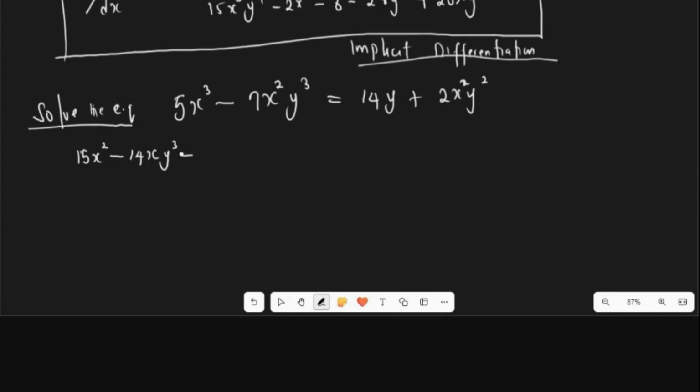And then with y, we can have 21x squared y squared dy over dx. That's very good. You all are following. So here I can only have 14 dy over dx. Very good. You get the concept now. Plus, I can have both here: 4xy squared plus 4x squared y.